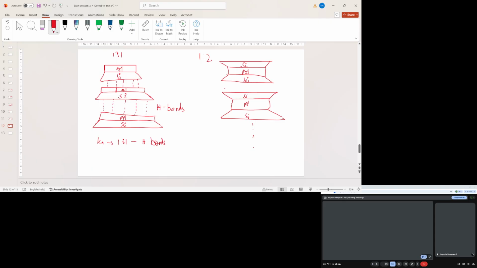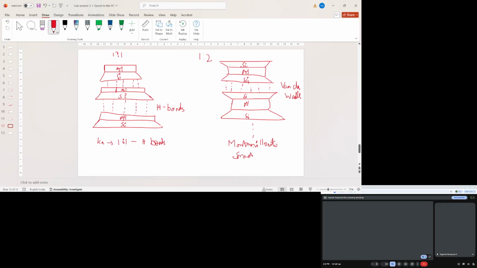There are two cases. When these sheets are bonded by van der Waals forces, which are weak attractive forces, this essentially occurs in montmorillonite and smectite.